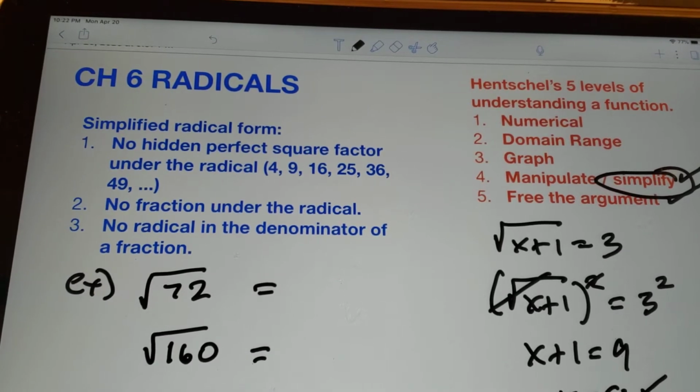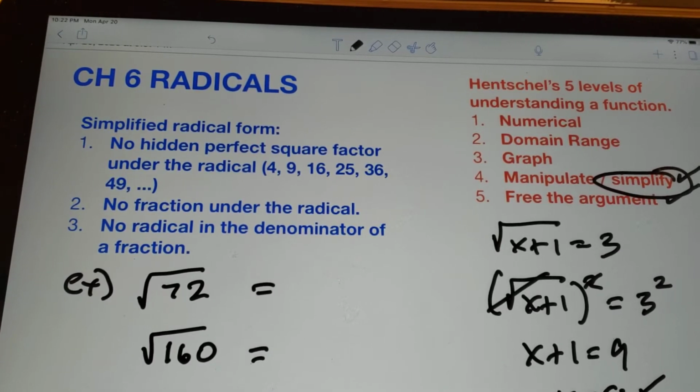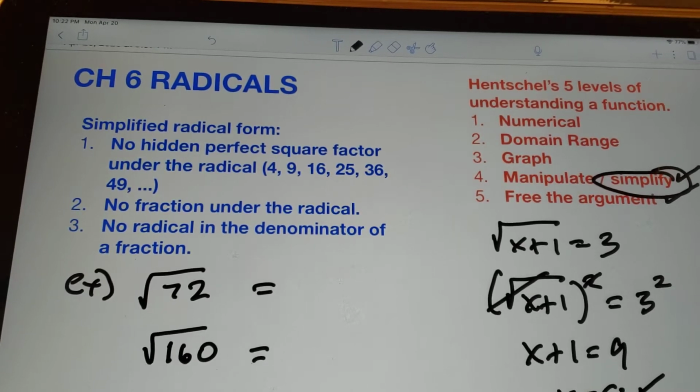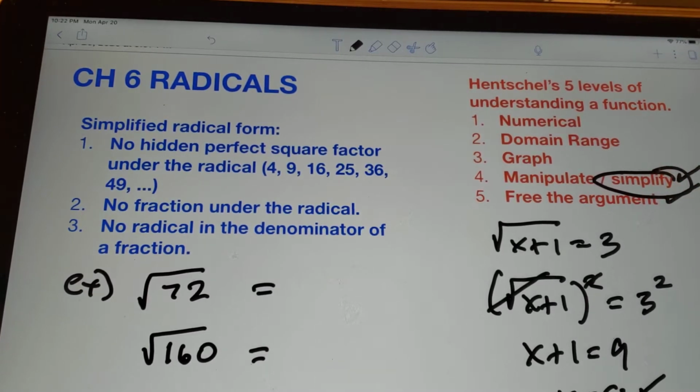Now, simplifying covers so many sections in the book. The book doesn't just use my outline here and follow it one step at a time. They kind of go back and forth and talk about simplifying in several different sections.